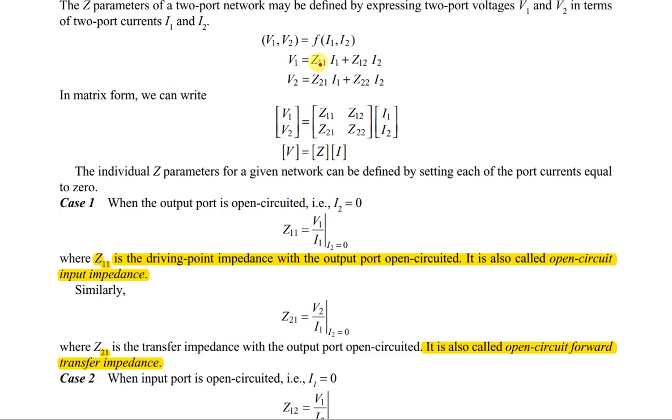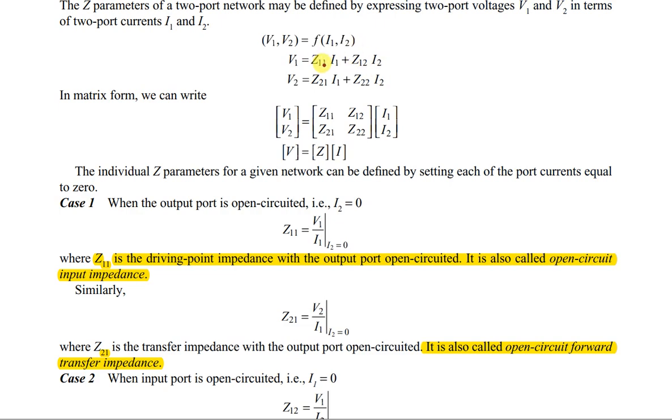When I2 is equal to 0, this term is 0 now. So Z11 is V1 by I1, input voltage by input current. The condition is when I2 is equal to 0, when the output port is open circuited, the current in the output becomes 0. When current becomes 0, this term is 0.